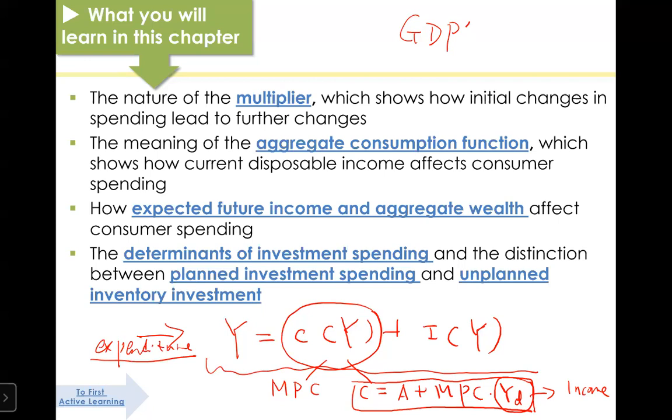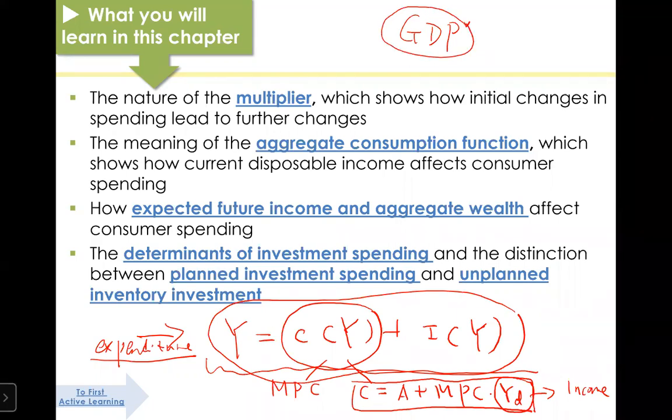So in that sense, Y and YD are interchangeable. Toward the end, you're going to see that inside this equation there's really only one unknown, which is Y. That's our first step to understand the determination of GDP.